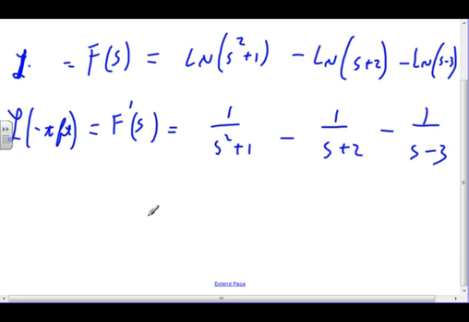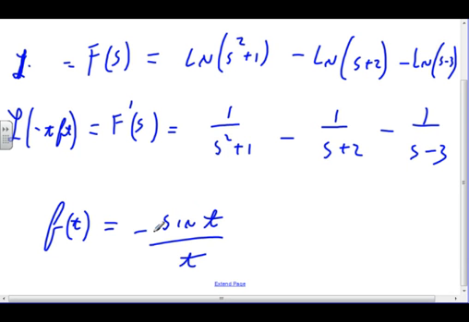All right. So now I'm going to take the inverse Laplace transform of everything, and I get f of t is equal to sine t over t with a minus sign plus e to the minus 2t over t plus e to the 3t over t.